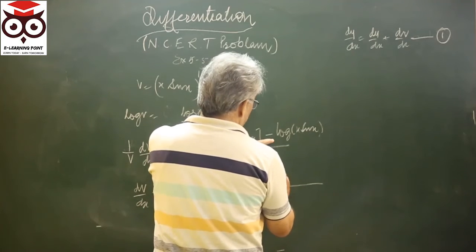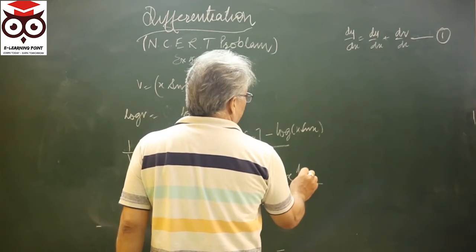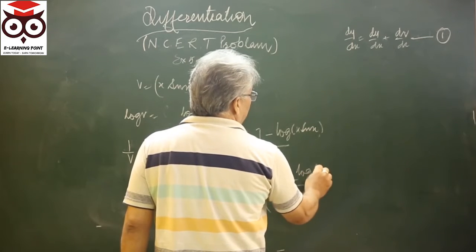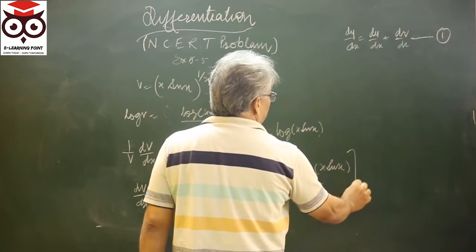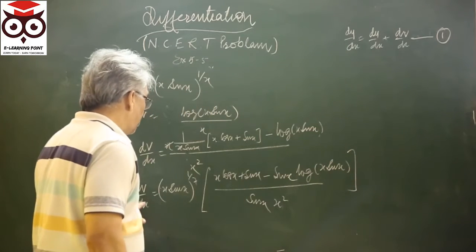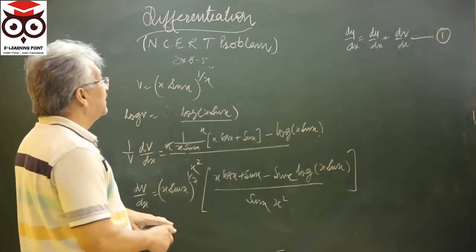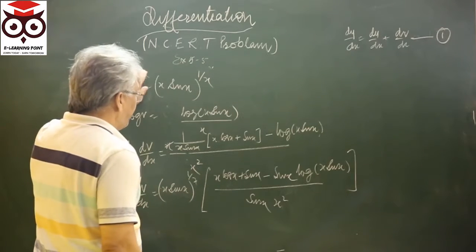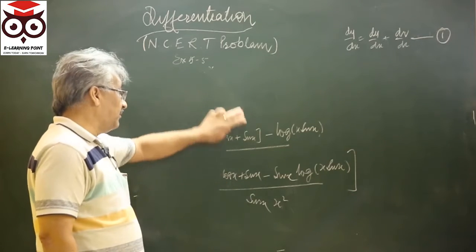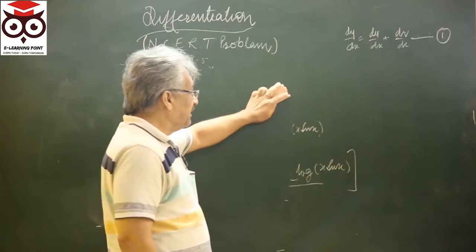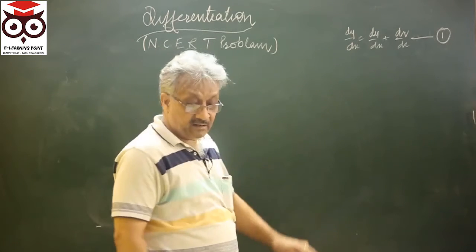Here will be minus sin x log x sin x, right? So both values you will put here in equation number first, right? So this is a simple question for all of you. Definitely it is a lengthy question but not typical for you.